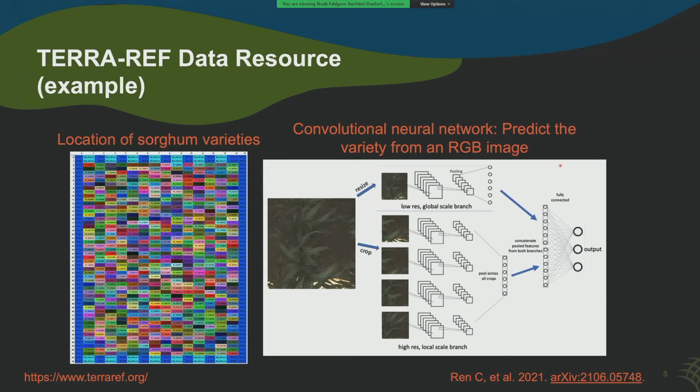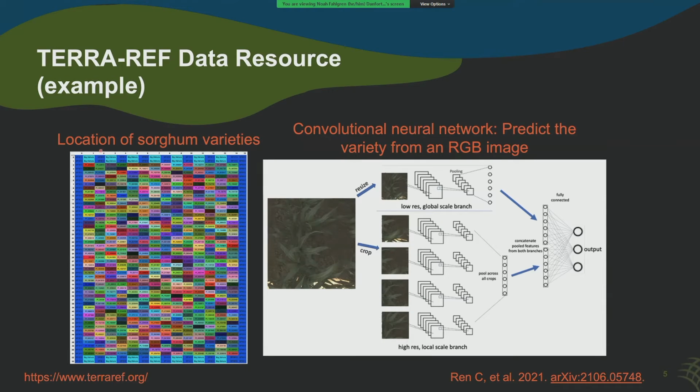Although the TerraRef project itself is over, this data set still represents a rich data resource for developing algorithms and comparing different methods. So this is just an example of recent work from Abby Stiliano's group at St. Louis University, where they took known data.